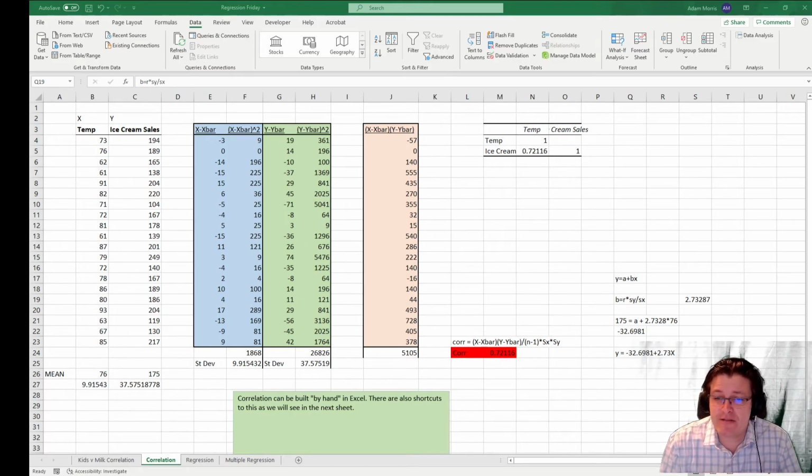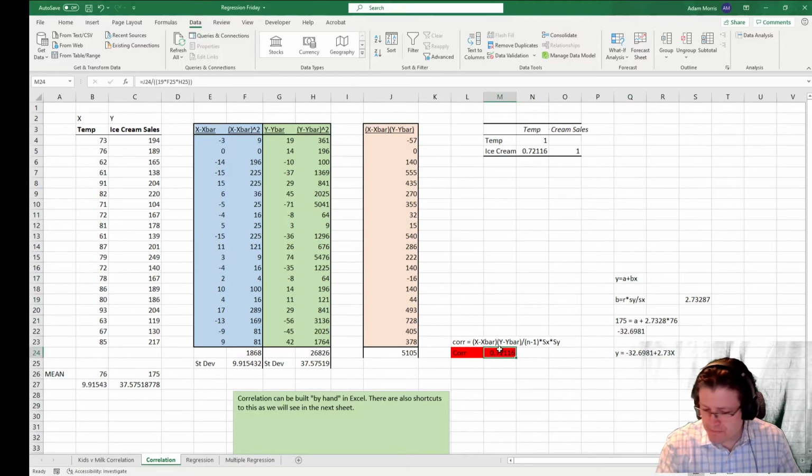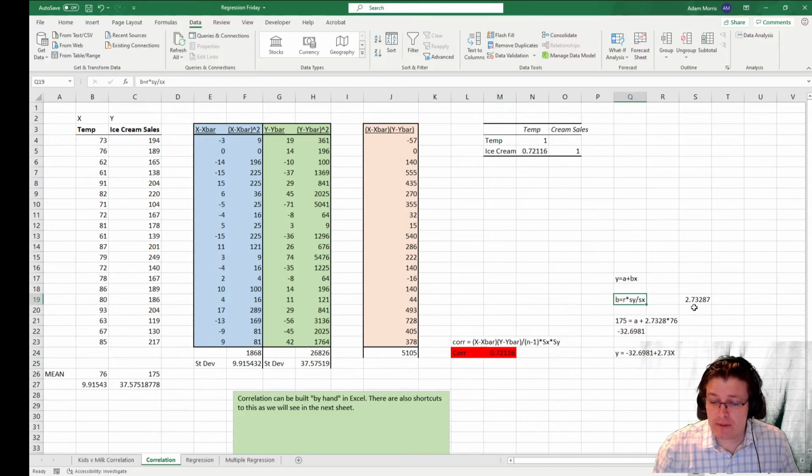What is the best fit line between temperature and ice cream sales? We can find that using the correlation we've just calculated: 0.722 times SY divided by SX. If we do that, and I have that plugged in here, we get a B of 2.73.